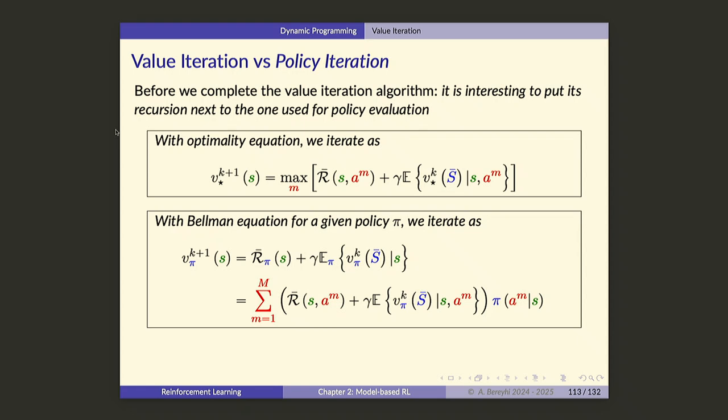The one which you see at top is this term when averaged over the actions given the policy. And I mean, you just do the math. These two equations are equivalent, right? Now you see the equation in the second line here and compare it to the optimality equation. What is the difference? Do you see the difference in your update?